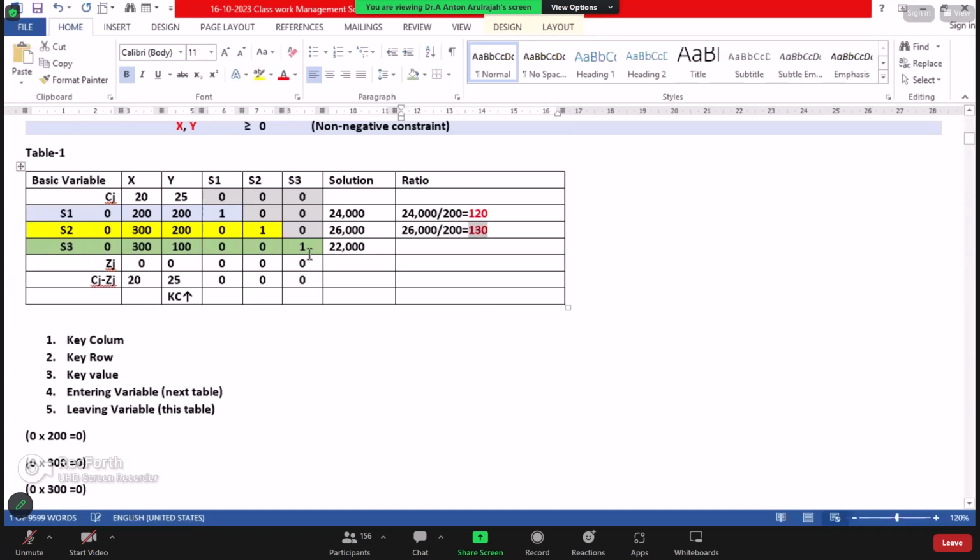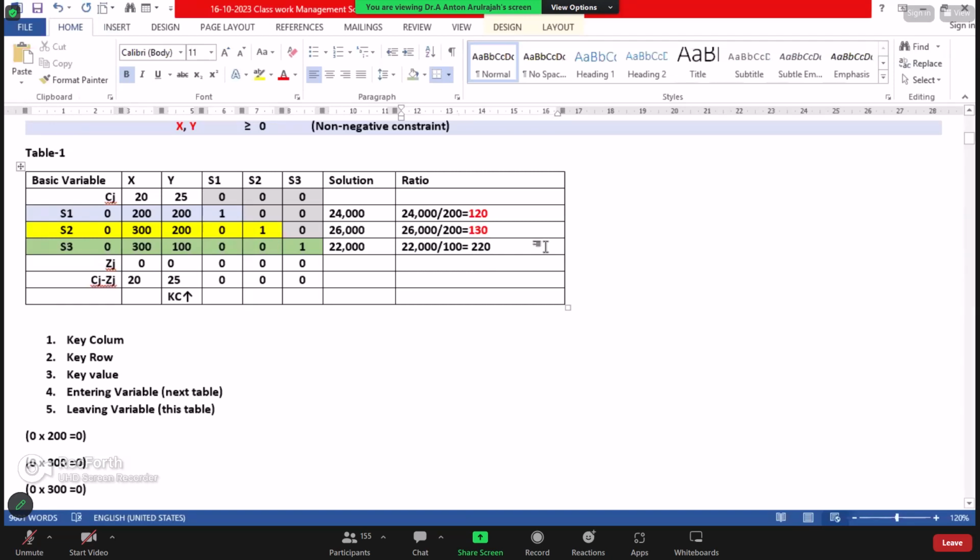Then we have to divide this 22,000 with 100. How much? 200.